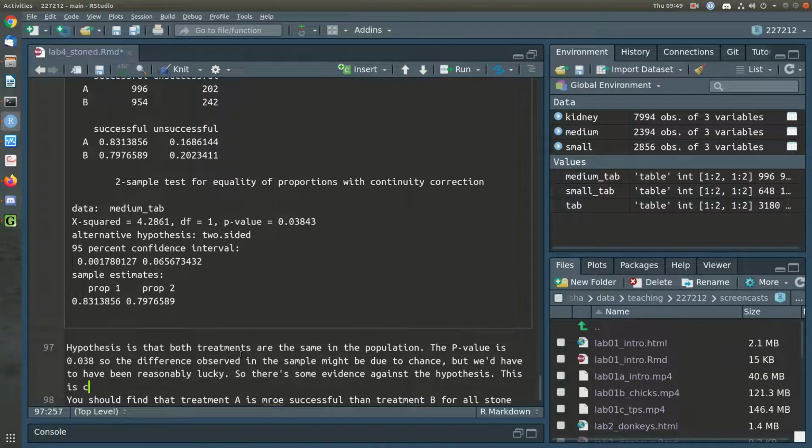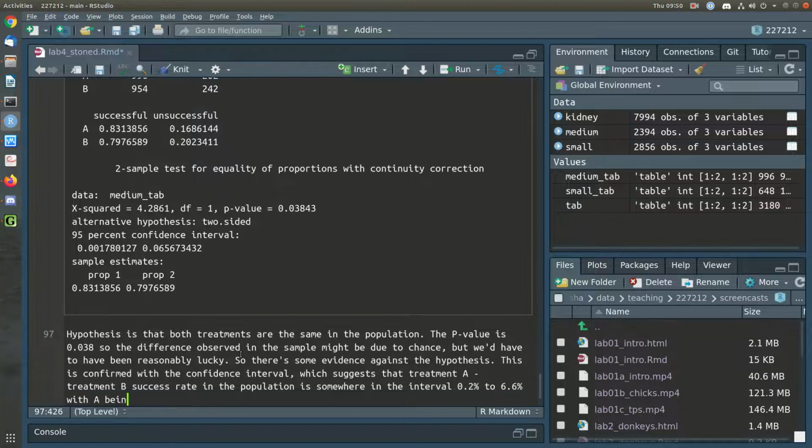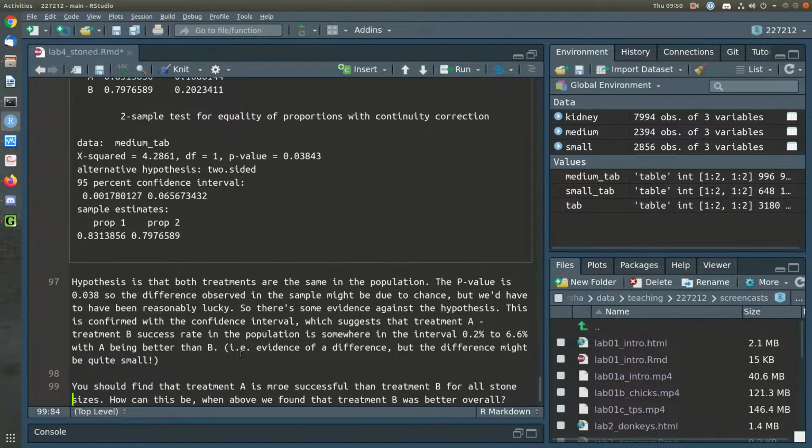Now this is confirmed with the confidence interval, which suggests that the treatment A minus treatment B success rate in the population is somewhere in the interval 0.2% to 6.6%, with A being better than B. So evidence of a difference, but the difference might be quite small.